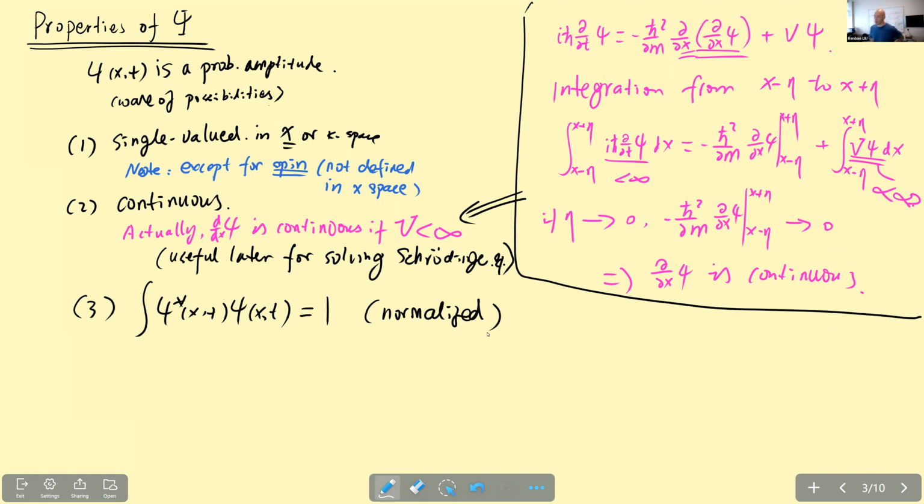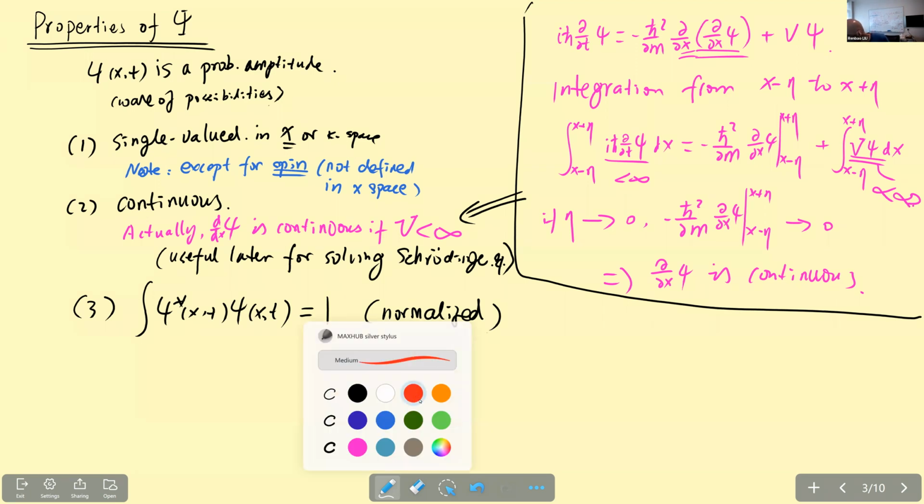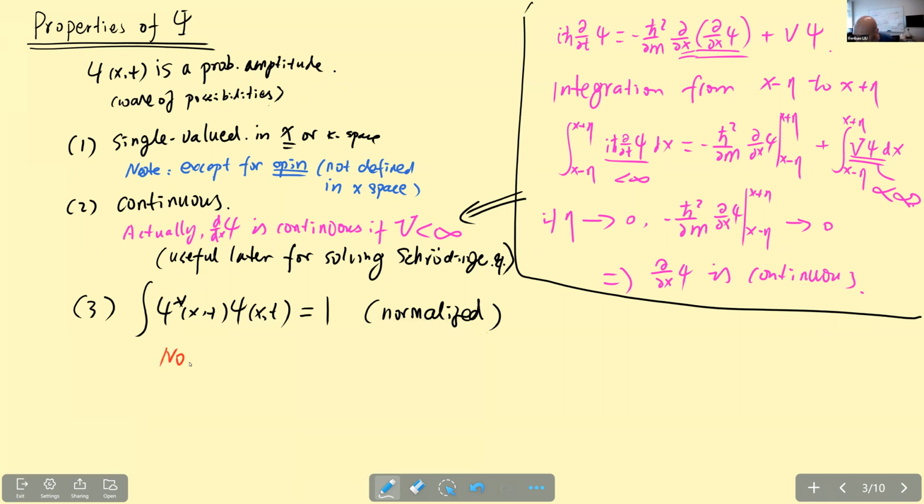Okay. And there are a few notes that we should mention. You know, you can times any number, and it is the same as this wave function, after normalization.